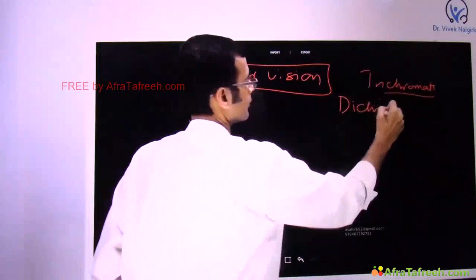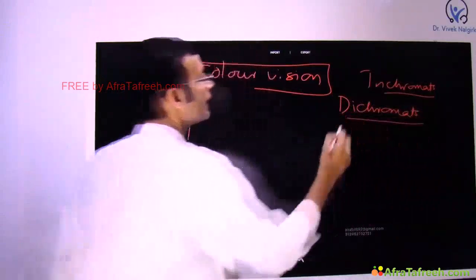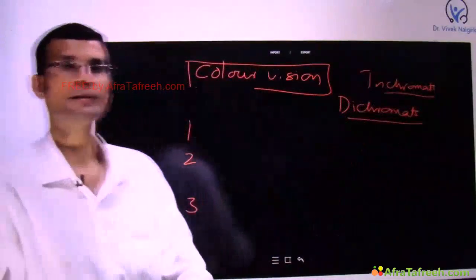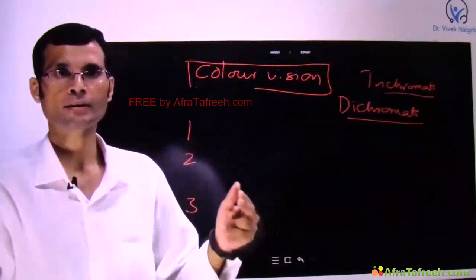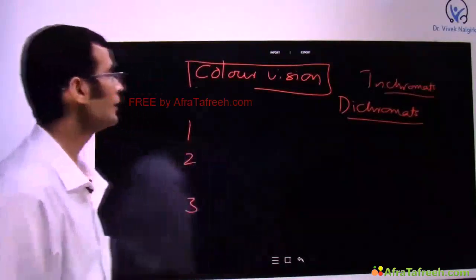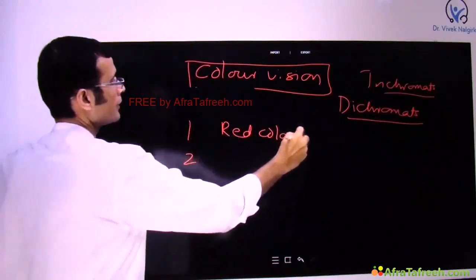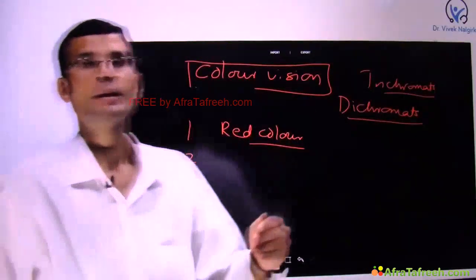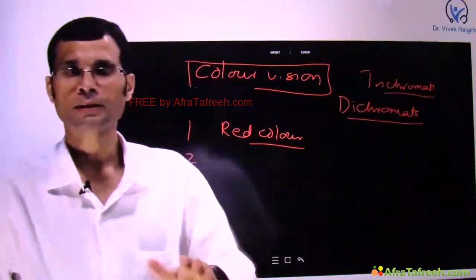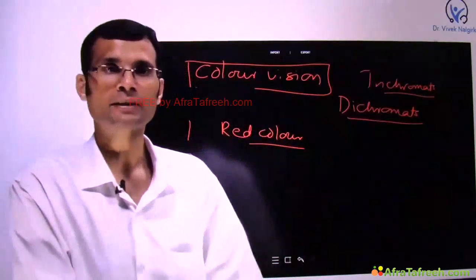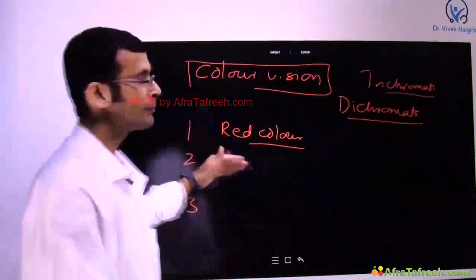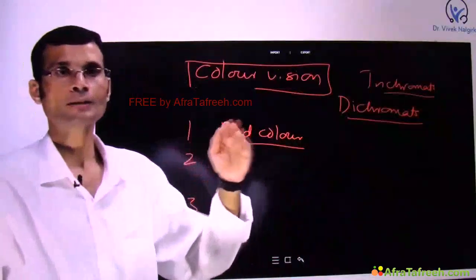Dichromats means they have two colors intact, and there is a color blindness for one color. So if it's a red color blindness, red color is given number 1, and if that cone is absent genetically, then it will be called protanopia.